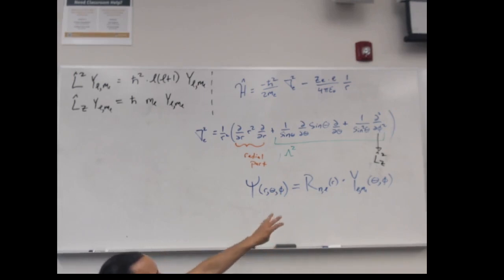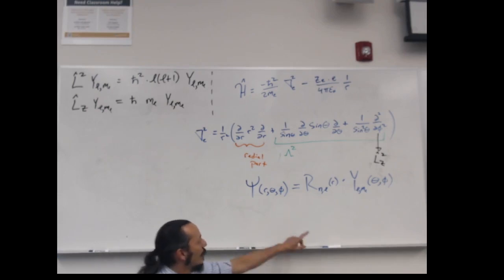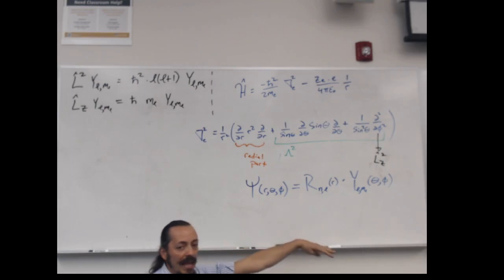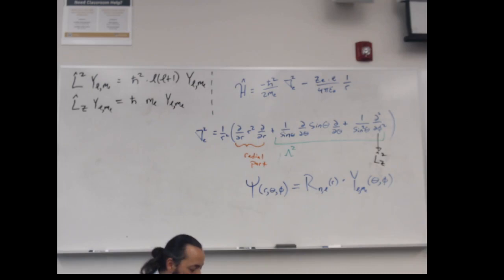The n's and the l's and the m sub l's and the relationships of those all come out from doing the separation of variables, from treating the radial part separate from the angular part. That gets us that L that relates the two, and then separating out the theta and the phi, that gets us the m sub L. So we have to look at how that's all going to work.